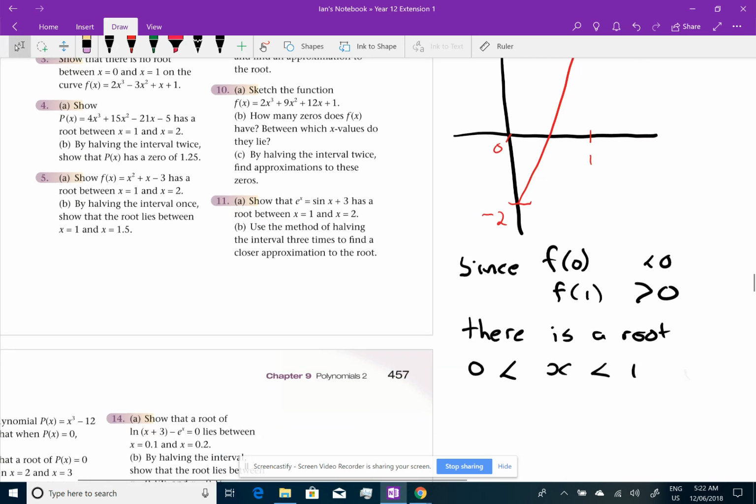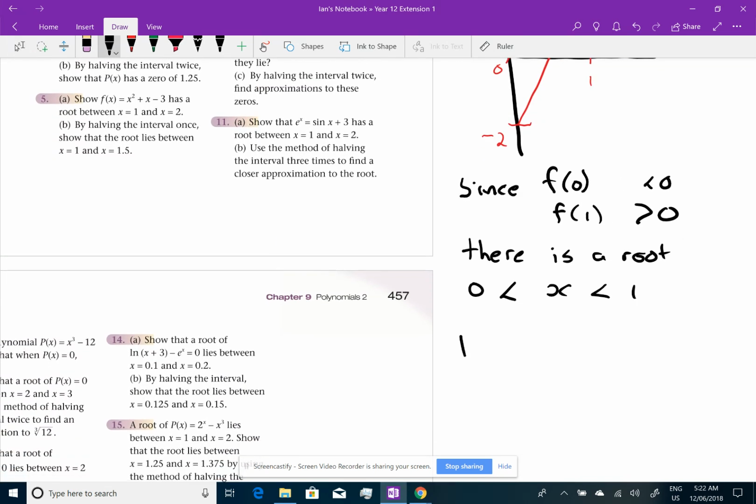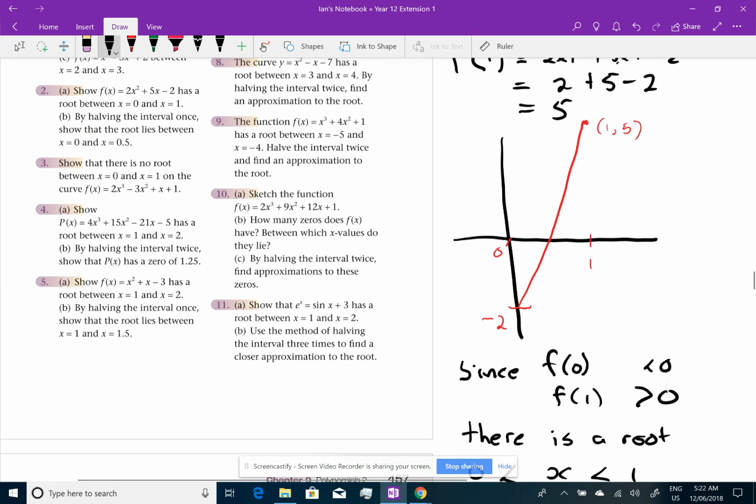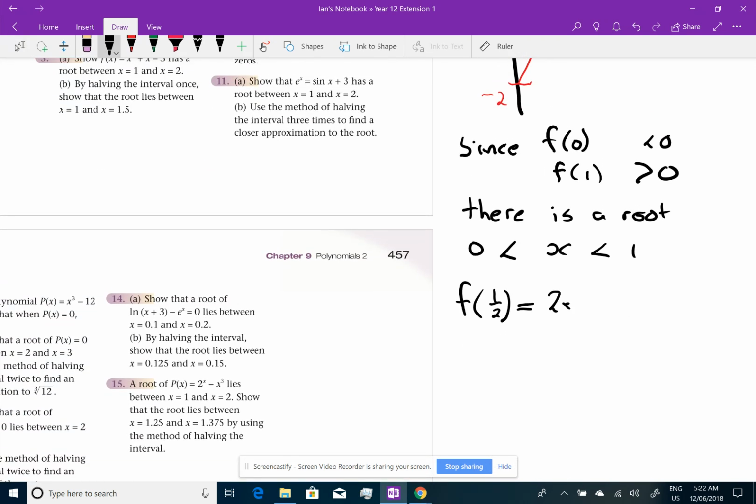Well, how do we find that out? Well, we halve the interval. So we'll find f of a half. I put that in, and it's 2 times a half squared plus 5 times a half minus 2.